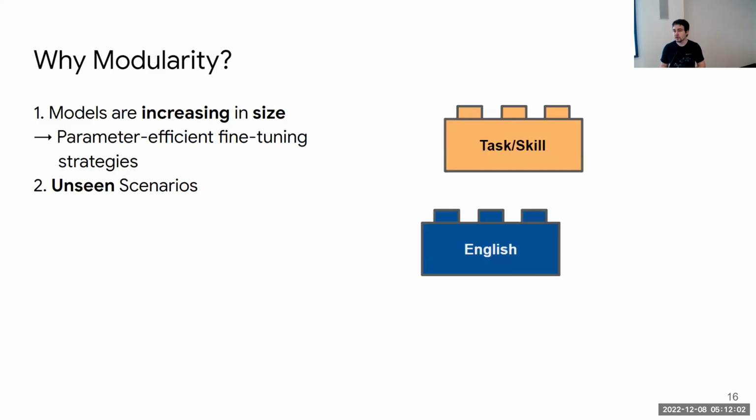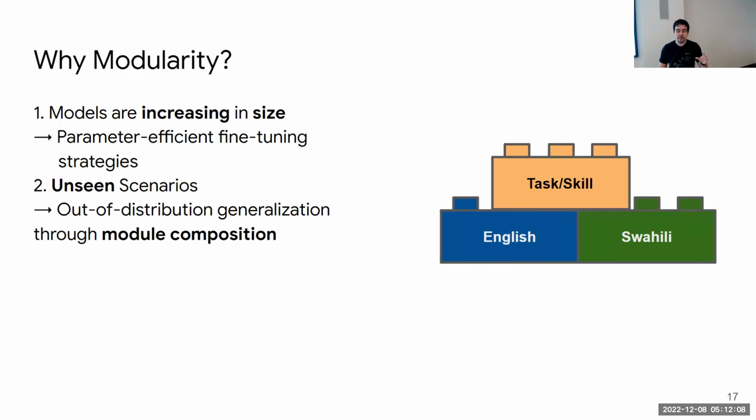So if we have seen some data in English and some data in Swahili, and we have only seen the task in English, we might be able to perform the same task in Swahili without ever having seen task data in the corresponding language. So this modularity can lead to out-of-distribution generalization to some extent.